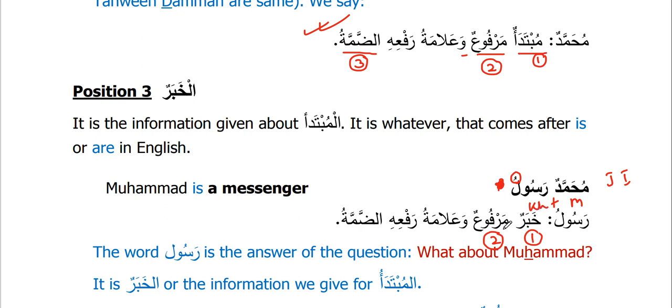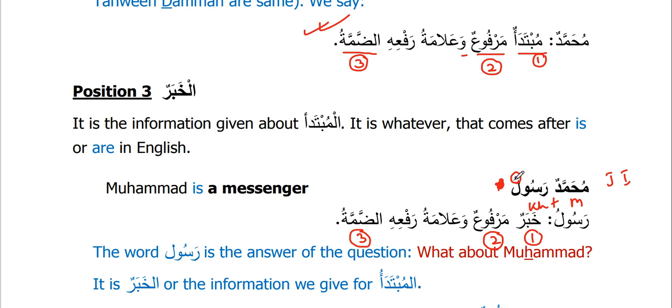Wa alamatu rafihi dhammatu. This is the third point. So you can see the sentence is almost repeating: marfu and wa alamatu rafihi dhammatu. Only the new thing is that it is a khabar. So you have to give your answer that it is a khabar, and why it is a khabar? Because it has a dhamma over it, it is in marfu case.